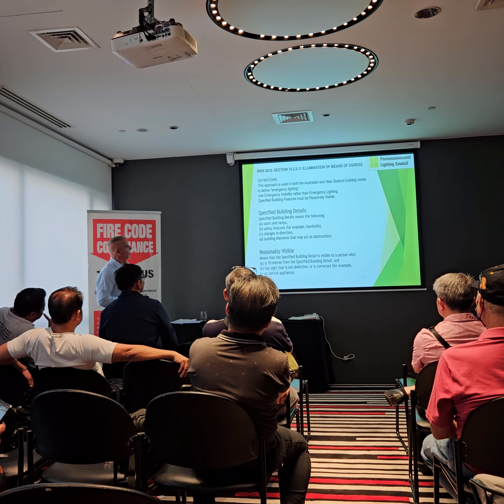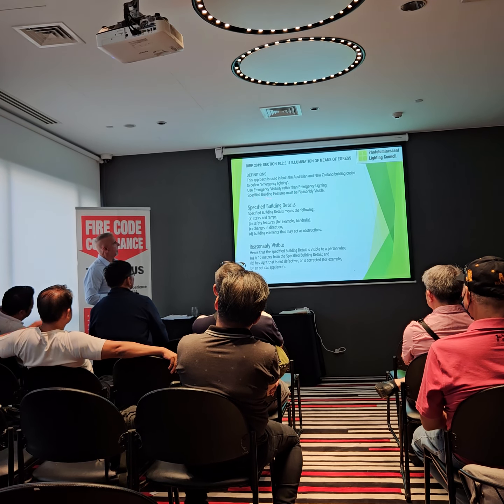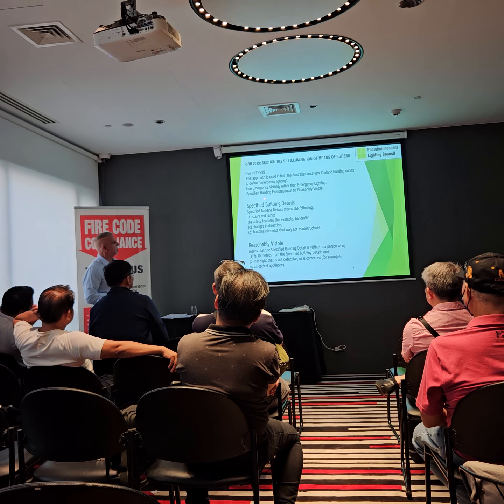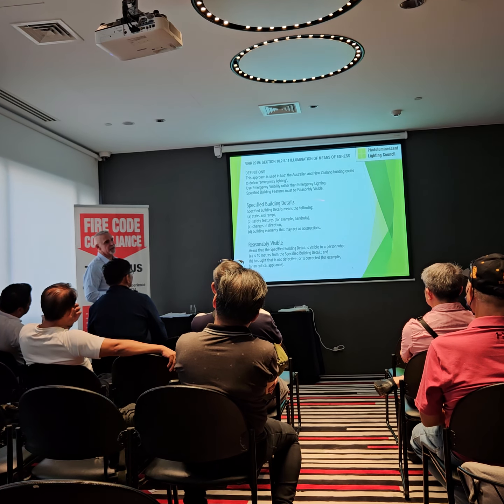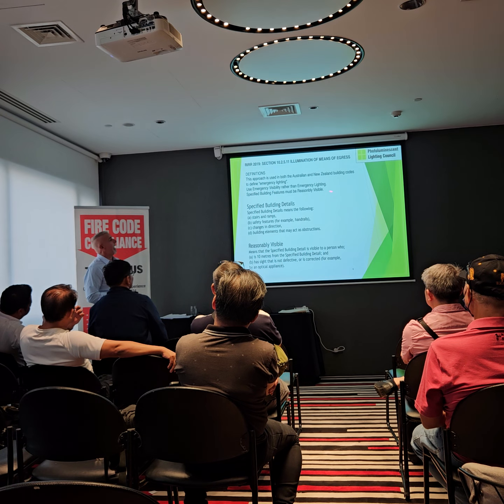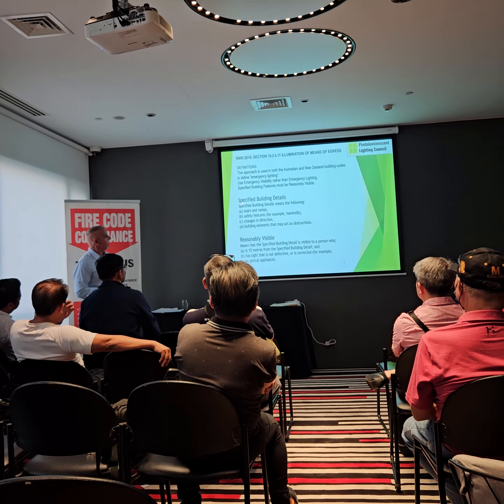And the key thing that they say, they don't talk about this many lux or whatever of emergency lighting. They say that specified building features must be reasonably visible. And then they define what a specified building detail is.